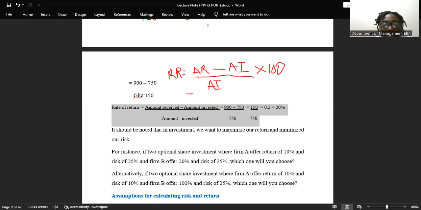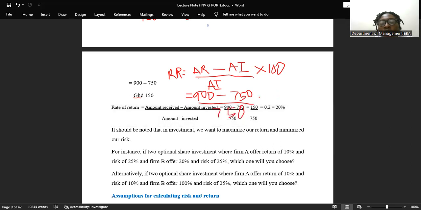And from the question, when he sold the shares, they got what? 900. That is the amount received, minus the amount invested, which was 750, all over amount invested, times 100.